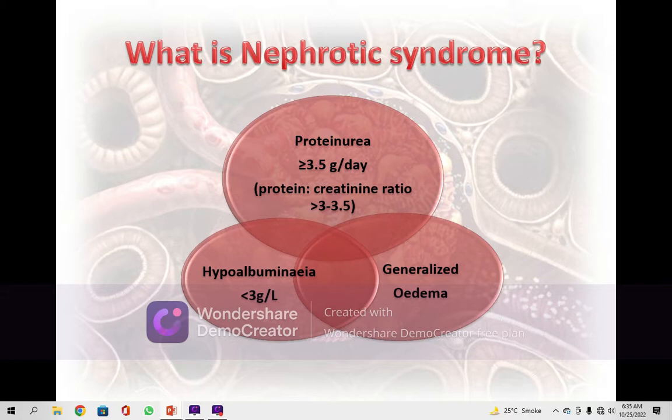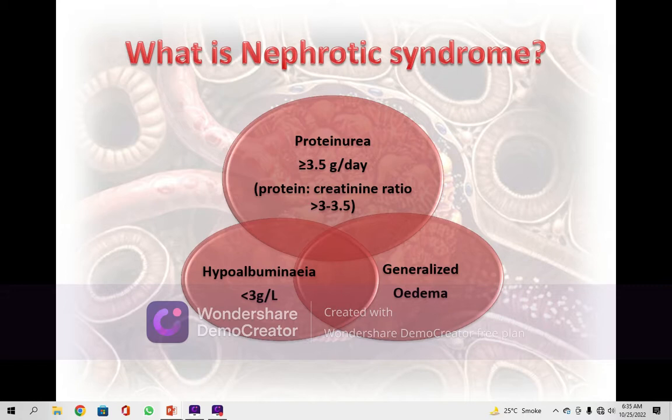After 500 milligrams, if the protein excretion is less than 3 grams, or 3000 to 3500 milligrams, it is what is called subnephrotic proteinuria, because afterward it is called frank proteinuria.